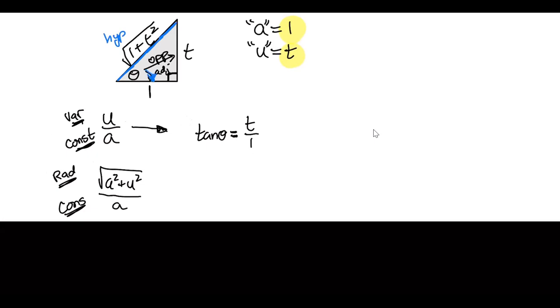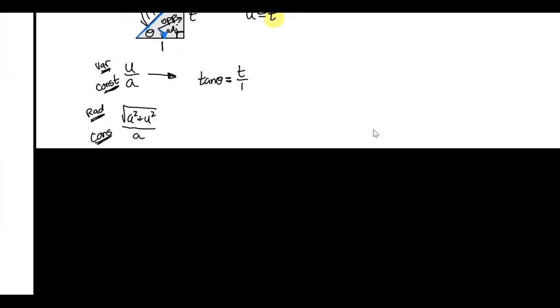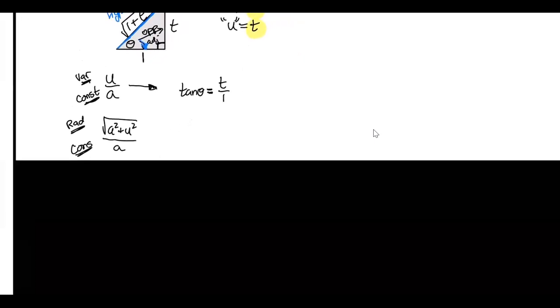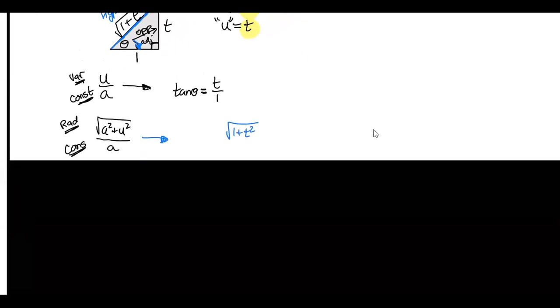So hypotenuse over the adjacent will be the secant ratio. So making a little note, the radical part was the 1 plus t squared. The adjacent part is a 1.